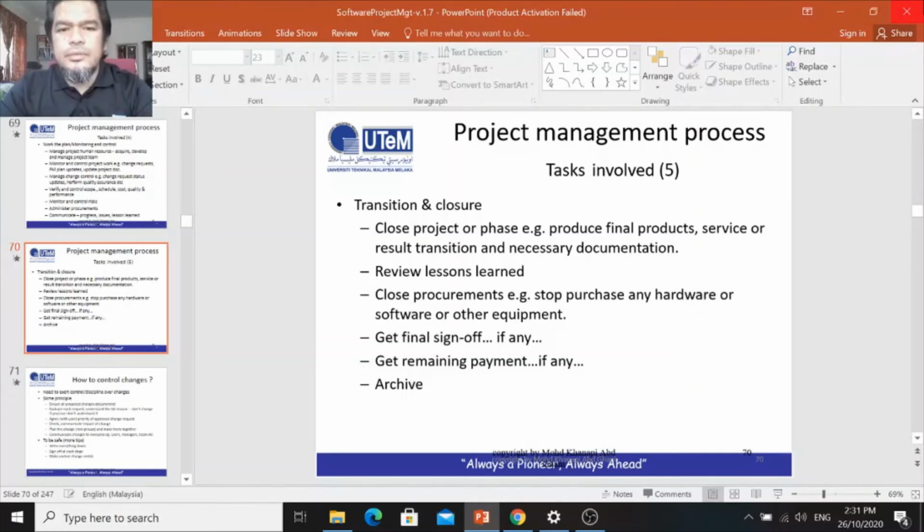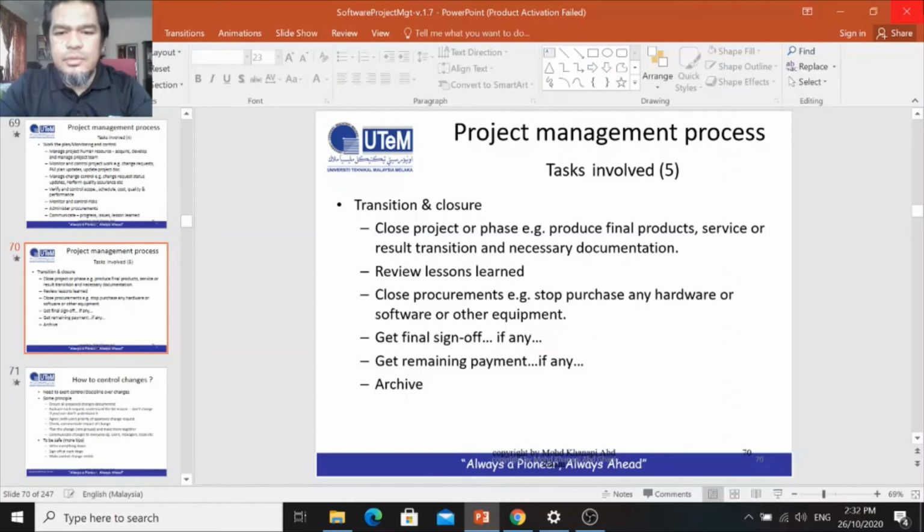You need to do the finishing of the project. For example, you need to review the documents that need to be delivered, check the list of all the deliverables that need to be delivered, and check and get the final sign off.